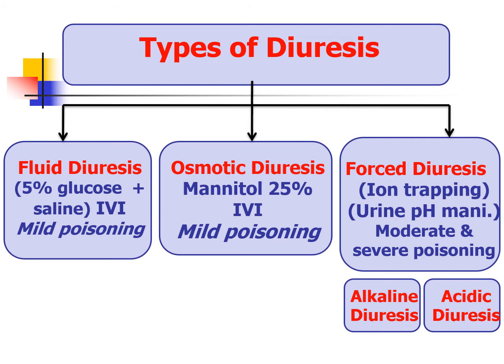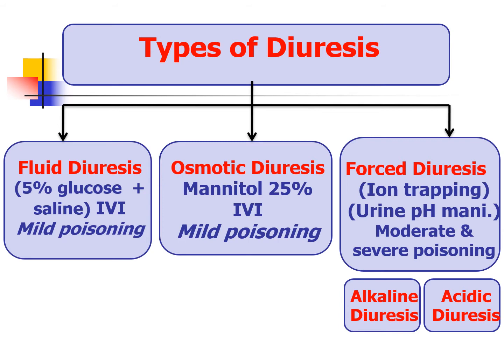Also, we have osmotic diuresis, where I inject a substance like mannitol 25% intravenously to be excreted in renal tubules, where it increases the osmotic pressure inside the renal tubules and increases the urine volume. Also, it will increase the amount of the toxin normally excreted with the urine outside the body, but it's effective only in mild poisoning.